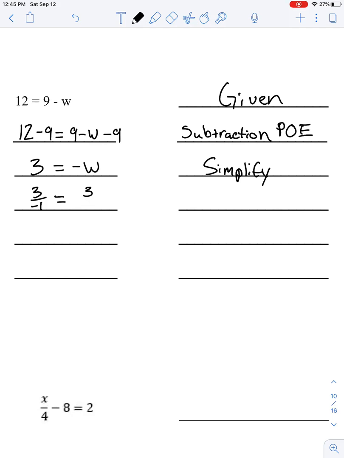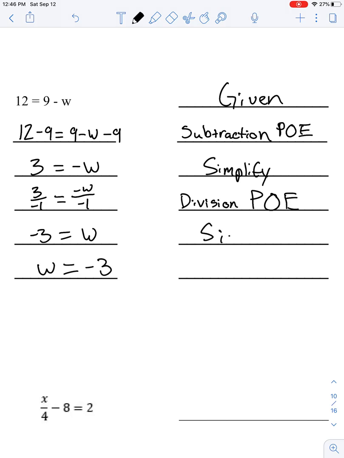Oh, I didn't mean to do that 3 there. Let me try that again. Negative w over negative 1 is what I meant to do. Okay, so now we're dividing on both sides, so that is division, property of equality. 3 divided by negative 1 is negative 3 equals negative w divided by negative 1 is just w, and then we have to flip those around as well.